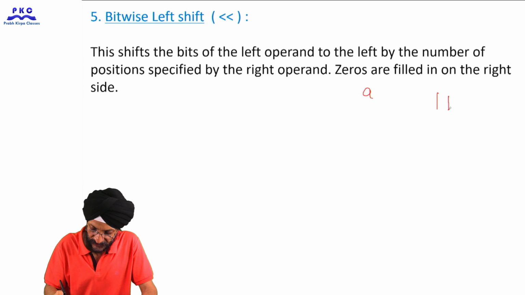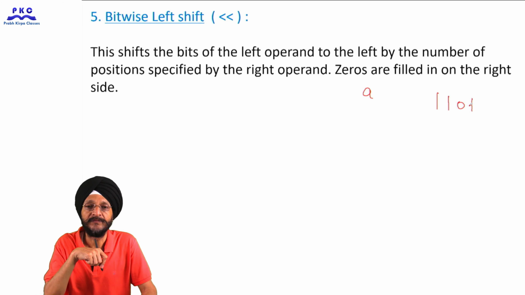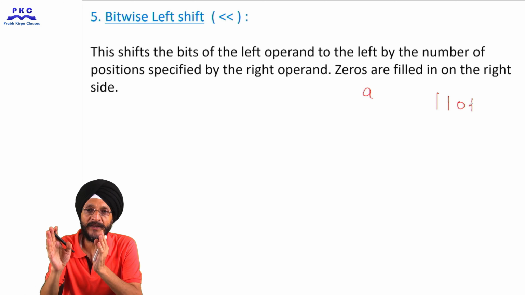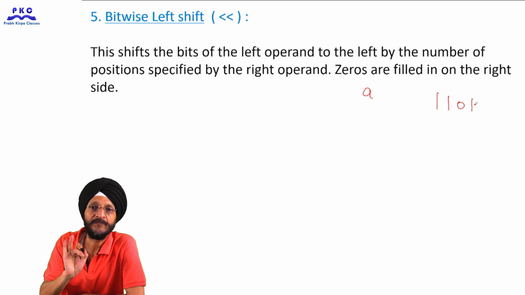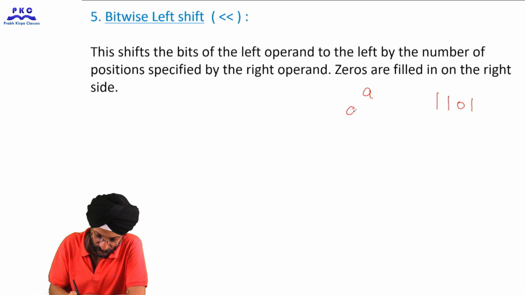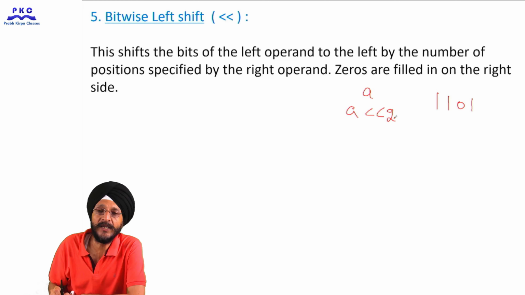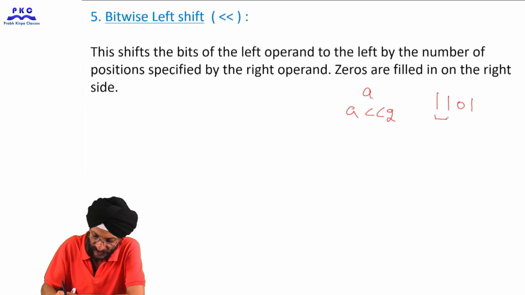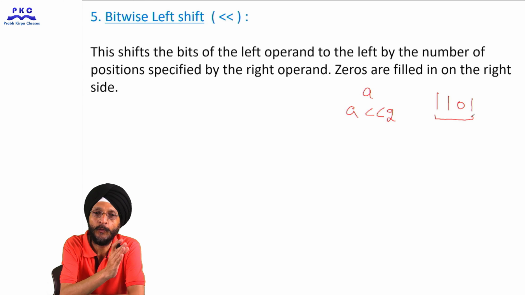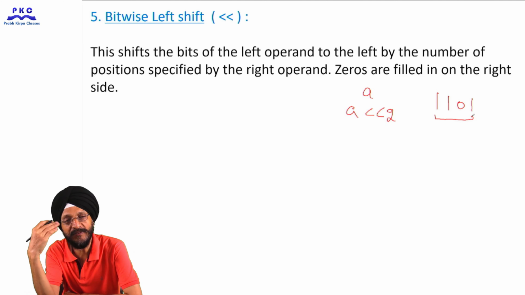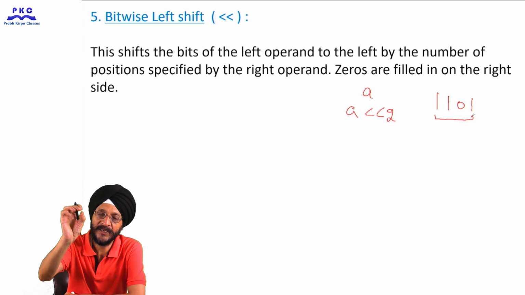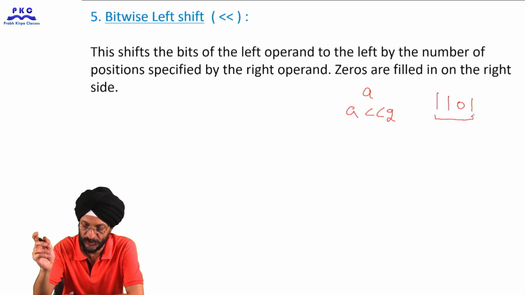Suppose its binary number is this. When we convert decimal into binary, the value comes like this. Suppose we have been given a left shift 2. It means that we are to left shift all these bits by 2 positions. And 2 blanks are left on the right hand side. There we will add zeros.